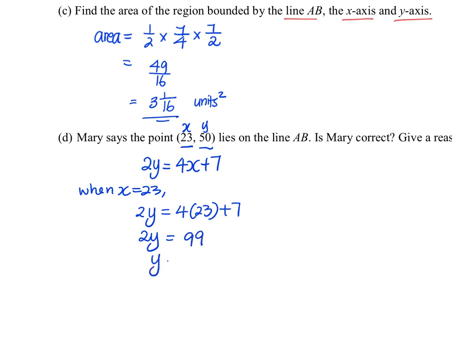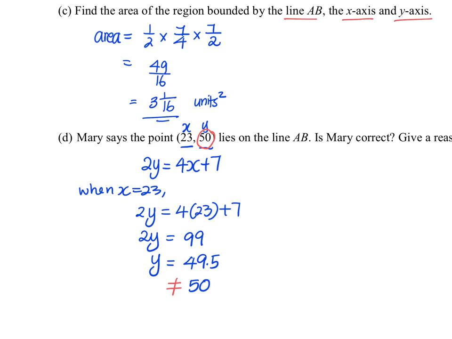Then y is equal to 99 divided by 2, which gives me 49.5. However, this does not equal the value 50. So since this is the case, this is the reason for your answer.